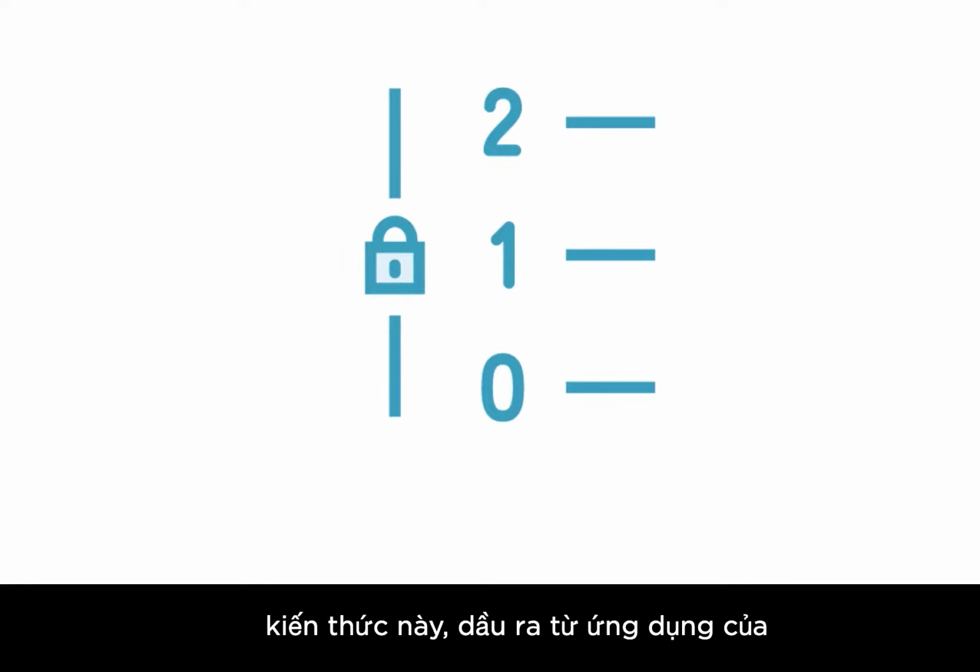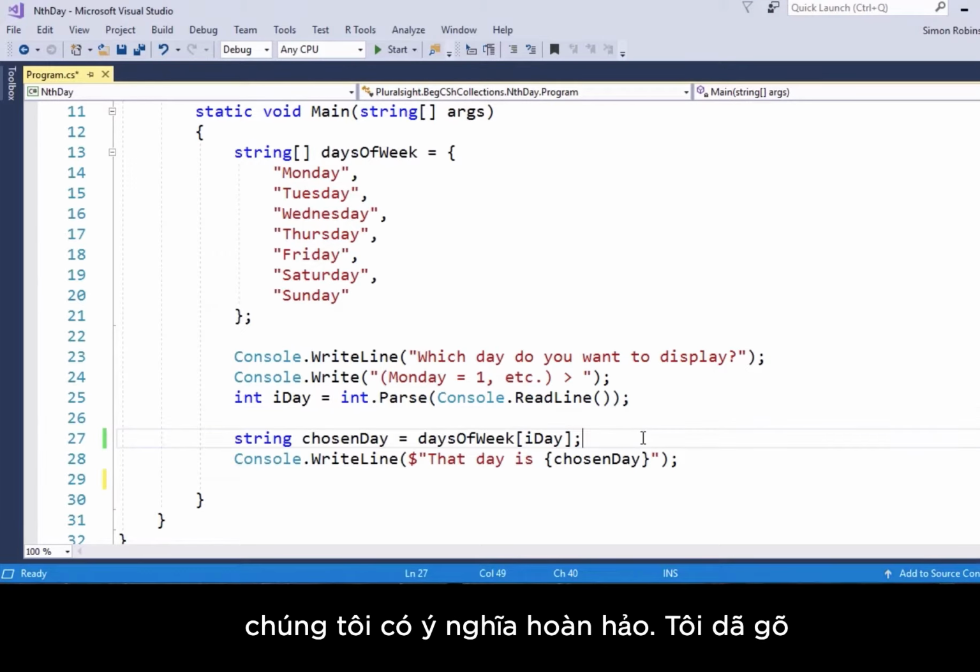Anyway, with this knowledge, the output from our app makes perfect sense. I typed in the number 1, and with zero indexing, 1 means the second element, which is obviously Tuesday. So if I really want the first element, I have to type in 0.